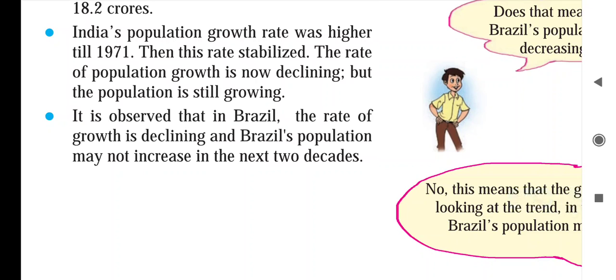Brazil's total population is very less, so if 1 or 2% increases, it will not count as a huge growth in the population. But India's total population is already very high, so if 1% increases, there will be a huge increase in the population.